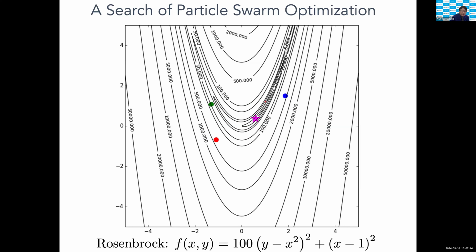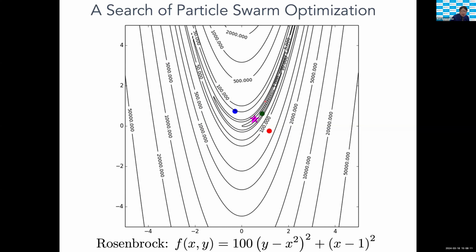As illustrated by this figure, while PSO explores various points, it does not conduct a detailed search around the g-best. This fact indicates that PSO may not be conducting an adequate search for the optimal solutions.